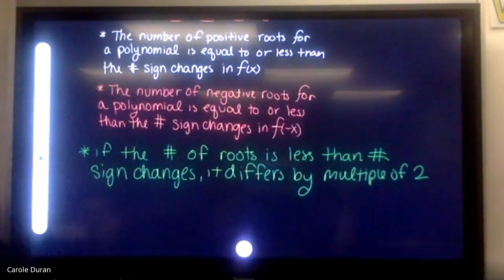So if I have 4 sign changes in the original f of x, I could have 4 positive roots, or I could have 2 positive roots, or I could have 0 positive roots. So the number of sign changes I get, I just keep subtracting 2 from that until I get to 0, or the last positive that I could have, which would be 1. Okay, you can never have a negative number of roots.